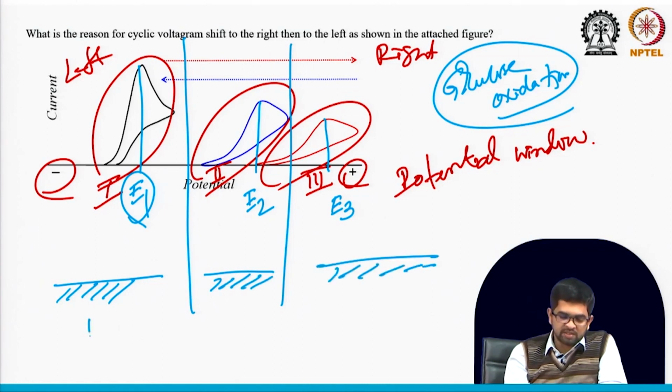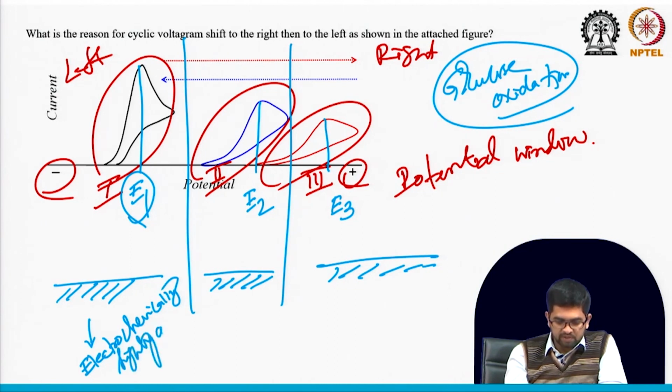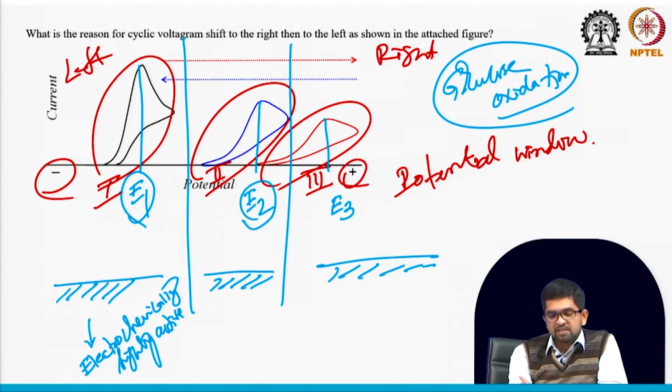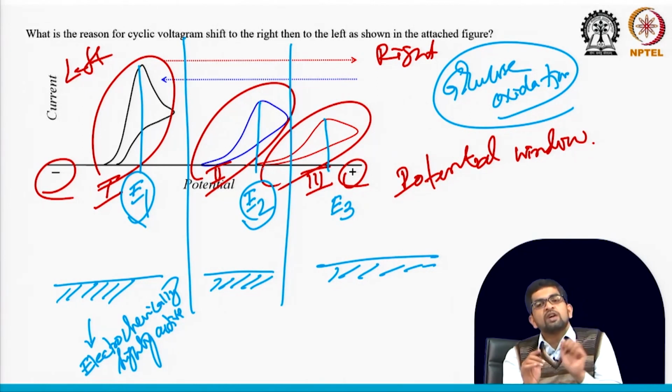Number one surface is electrochemically highly active, because it can be oxidized very easily. But in the second case, see, it shifted. So why can this shifting happen? It can be because of aging, because of contamination, or because of your biomolecular fabrication.